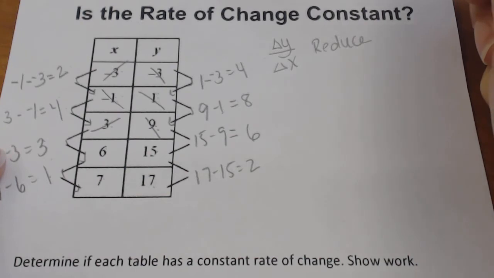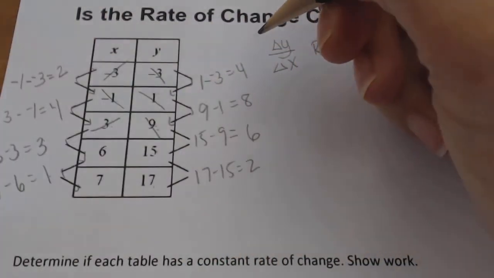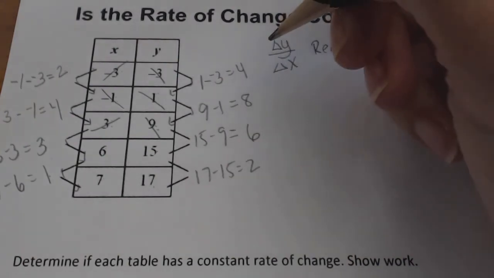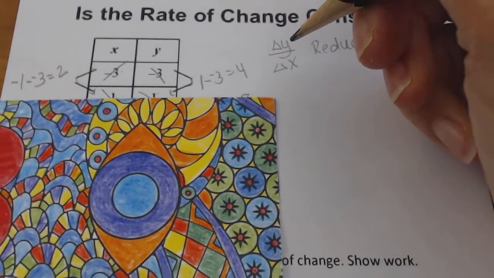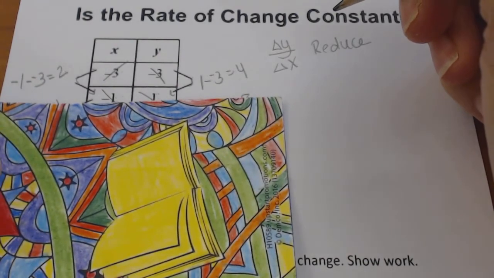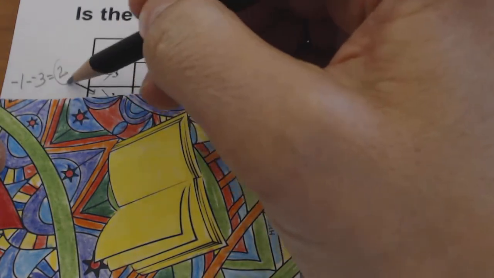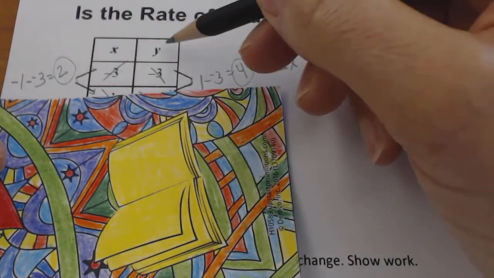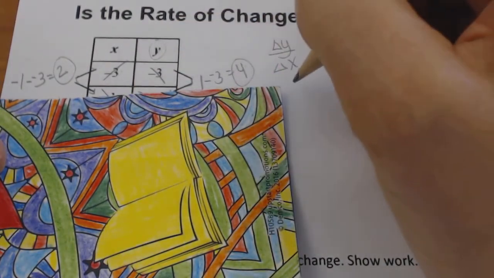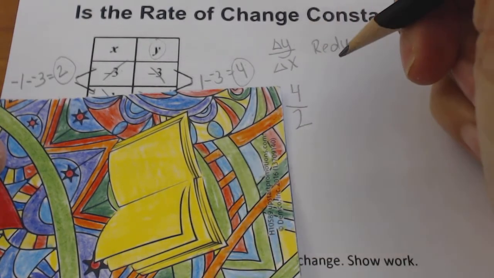So let's see what happens when we do that with all of these. So we're going to first be taking, let's put my little colorful bookmark here. Do this side. There we go. First, we're going to be taking this 4 and this 2. The y value is 4, so we're going to do 4 divided by 2.